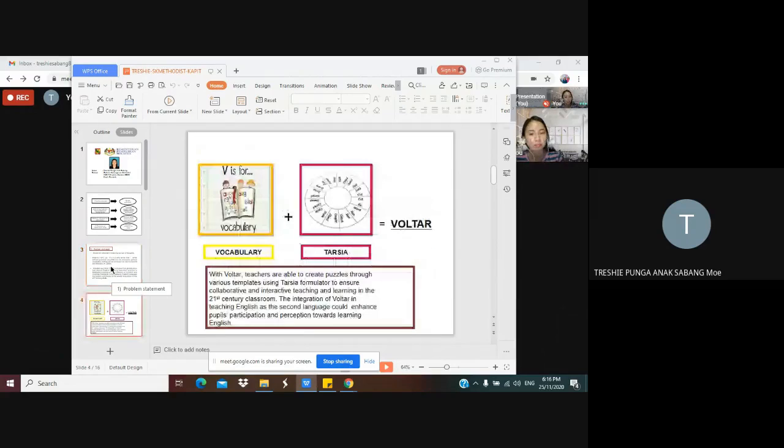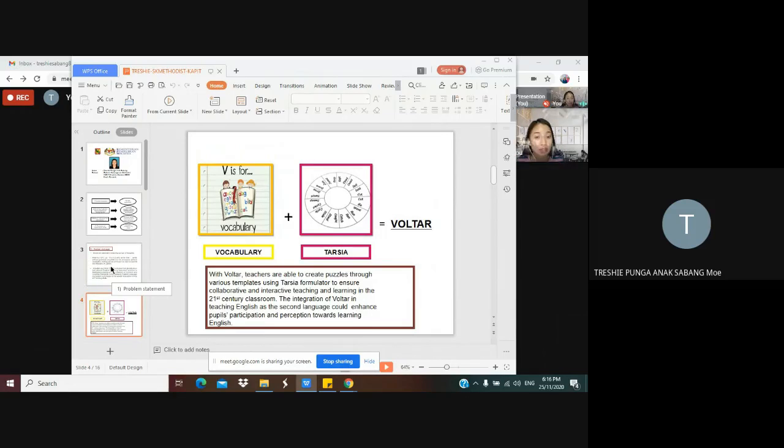So next, how did I come up with Voltar? I came up with Voltar when I found out that I needed to teach them vocabulary. Vocabulary and Tarsia. Everyone knows Tarsia. Tarsia is some sort of puzzle, a lot of puzzles, which can be used to teach vocabulary.